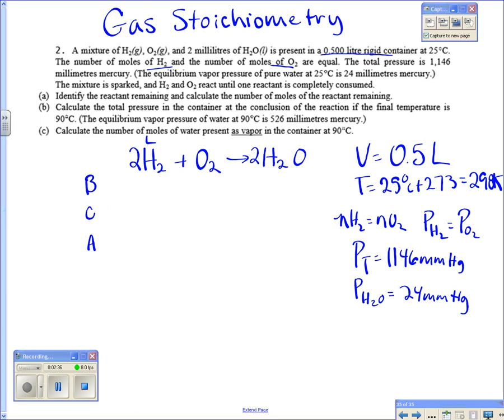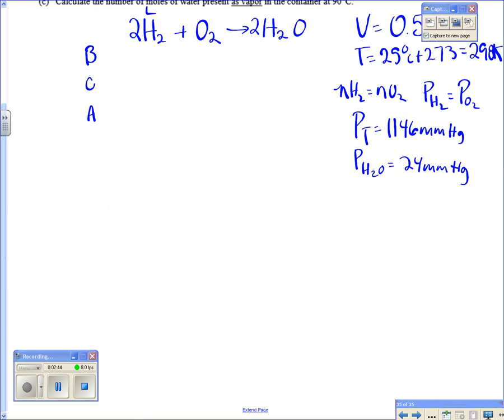So I need to do a little side calculation to figure out my moles of H2 and O2 that actually match. What helps me on that is this P total. I know that P total is 1146 millimeters of mercury, and that's being exerted by the pressure of the water and also the pressure of the oxygen and the pressure of the hydrogen, which I know are going to be the same.